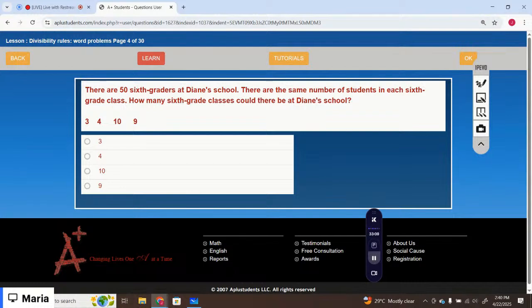There are 50 sixth graders at the Dane School. There are the same number of students in each sixth grade class. How many sixth grade classes could there be at Dane School?